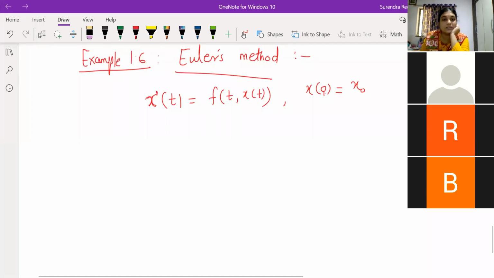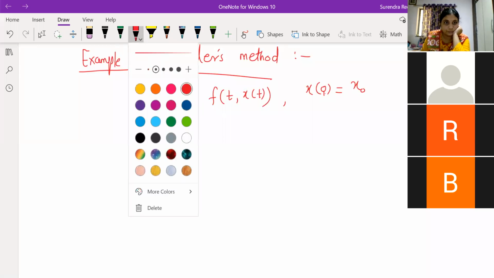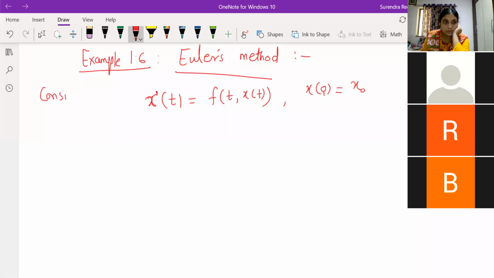Okay, so consider this initial value problem. x dash of t is equal to f of t, x of t. Now we want to approximate its solution. So what we do, we replace this x dash of t by its approximating value.